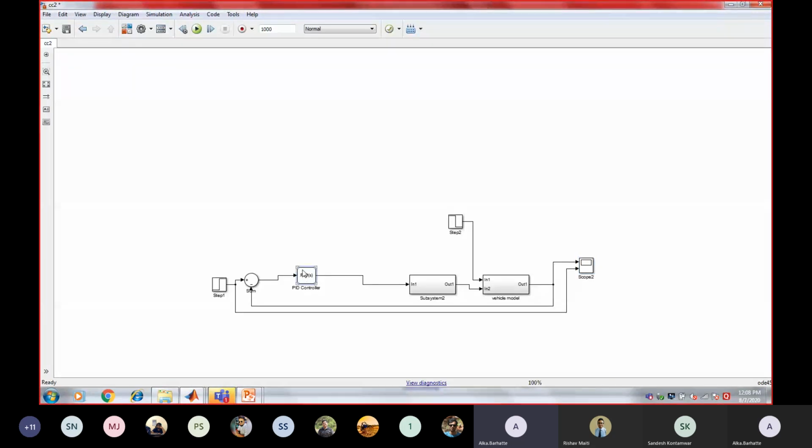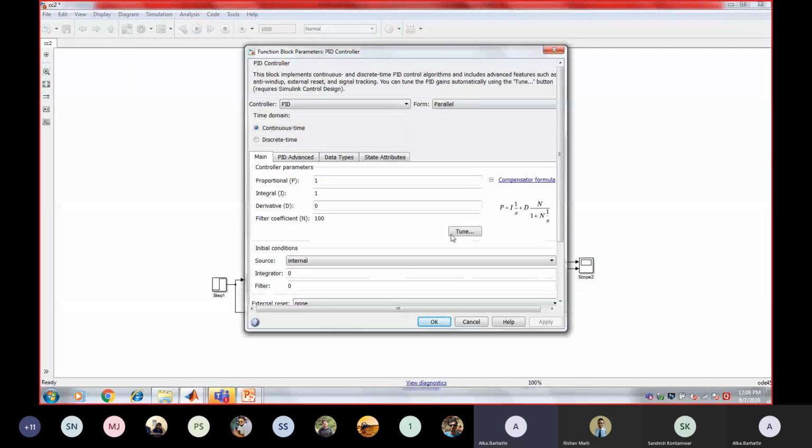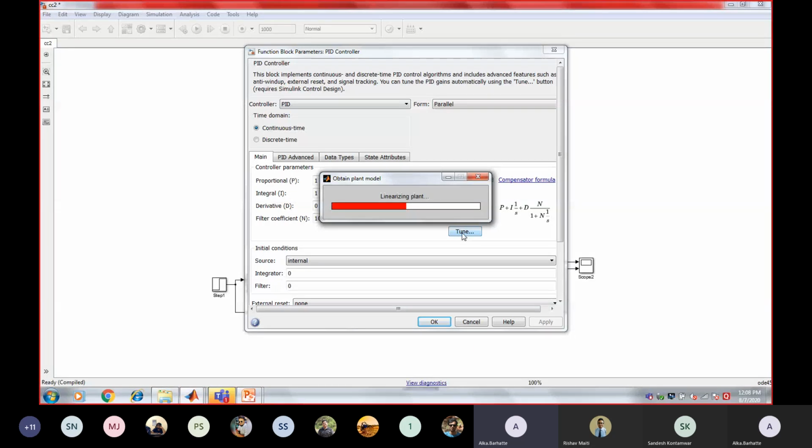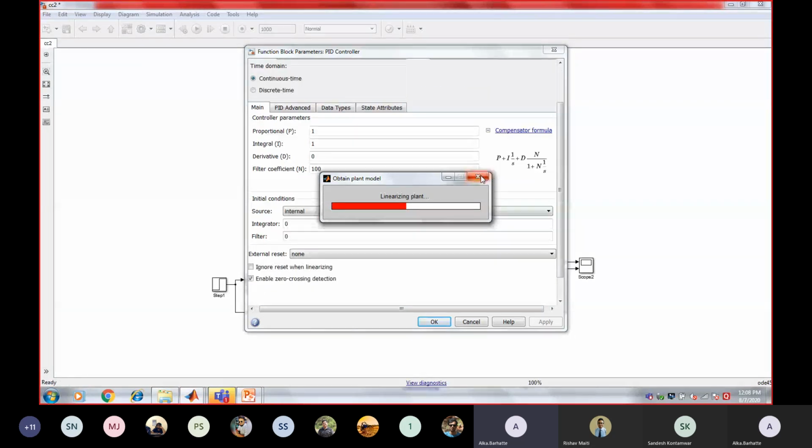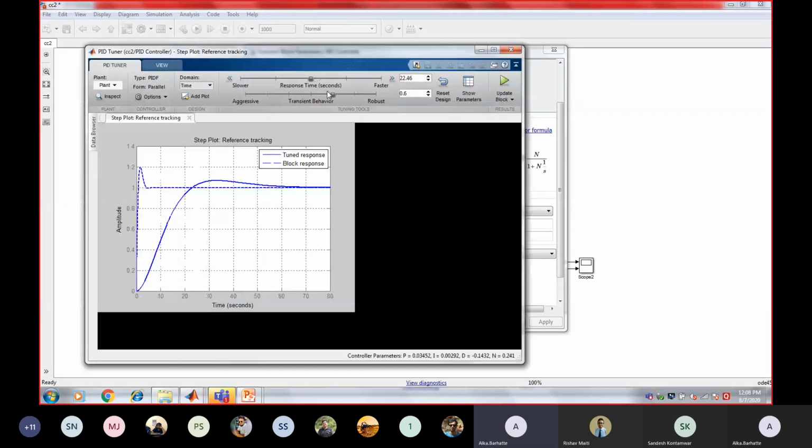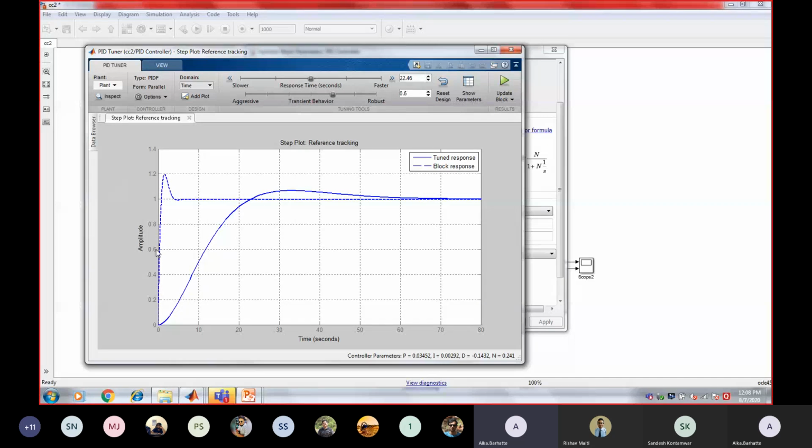If you are not able to manually set the values, there is an option called tune, where, as I initially showed, this is representing the current response of the system. You can obtain all these waveforms from add plot. If the plot is not visible, you have to click on add plot.